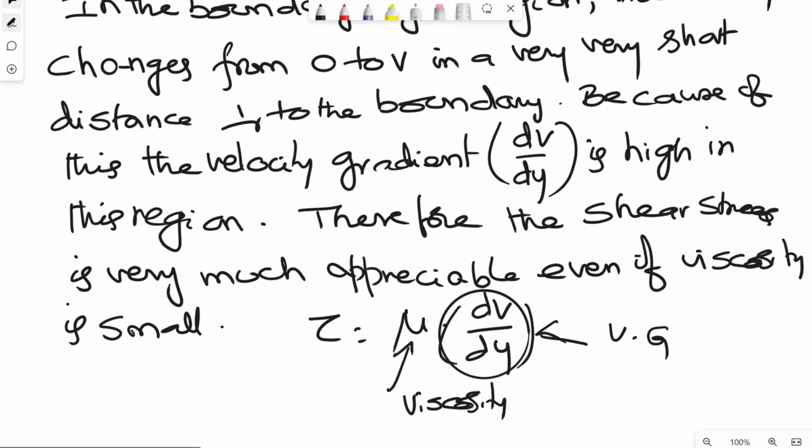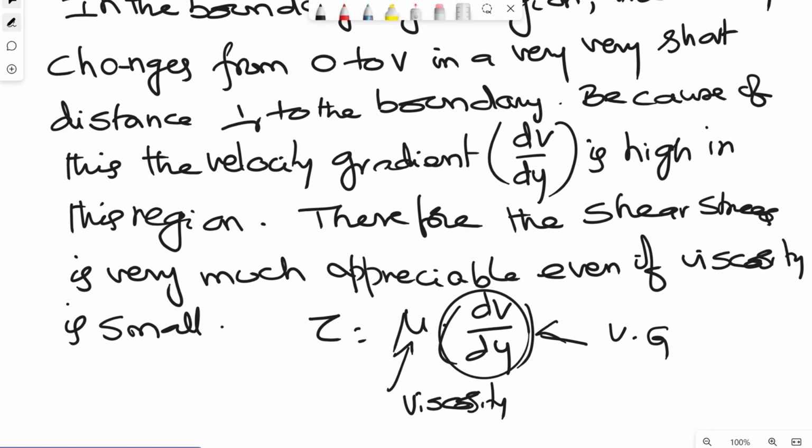What is the velocity gradient? Change in velocity is 5 minus 0, so it is 5 in the numerator. What is the vertical distance y? 1 mm, converted into 1 into 10 to the power of minus 3. So what is your answer? The velocity gradient is 5 into 10 to the power of 3, that is 5000, multiplied by the viscosity.